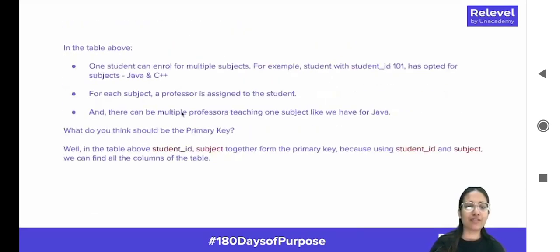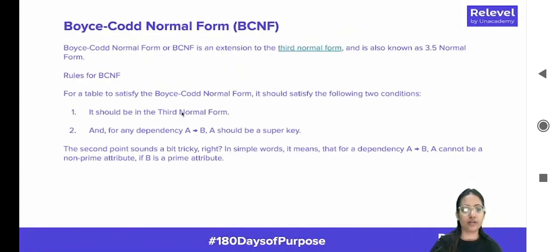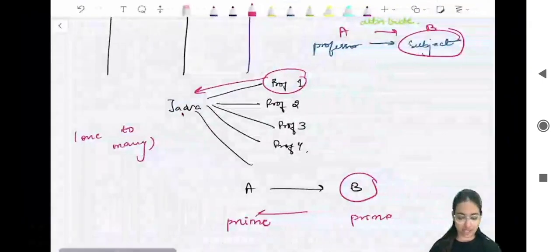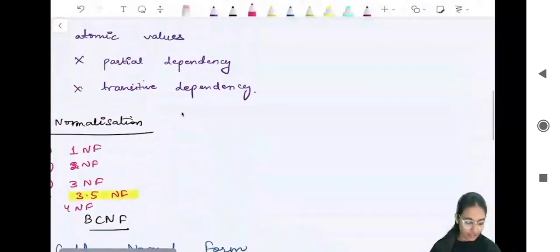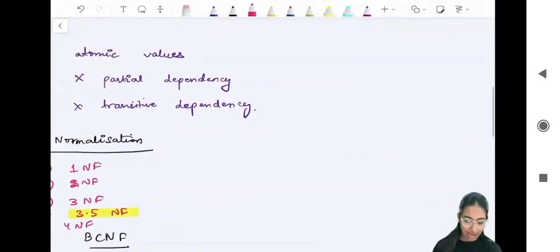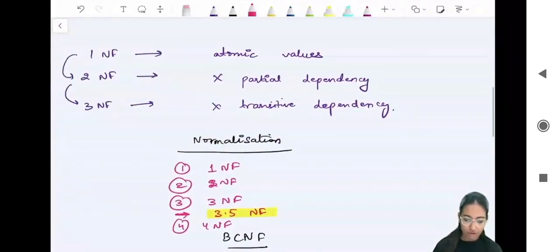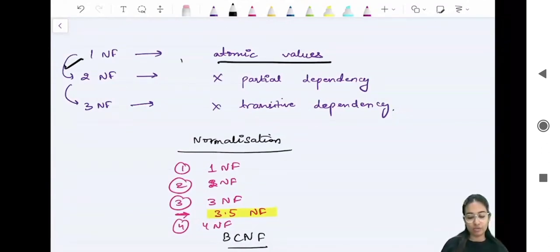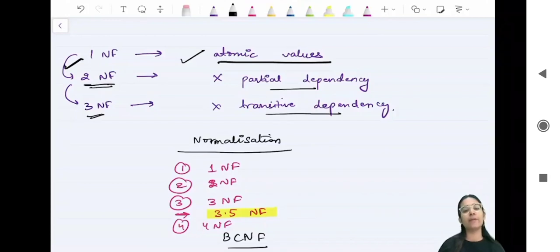Let's quickly revisit what we did over here. I hope it made sense to you at some level. To quickly reiterate, when we say we are in first normal form, there should be only atomic values. When we say it is in second normal form, there should be no partial dependency. When we say it is in third normal form, it means there should not be any transitive dependency.